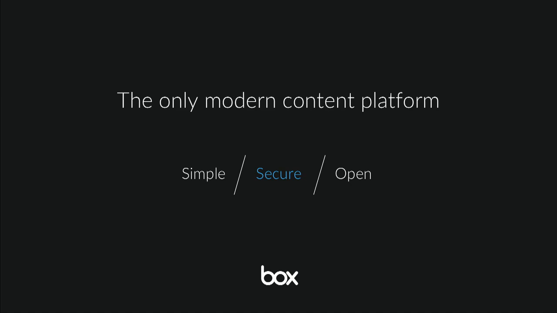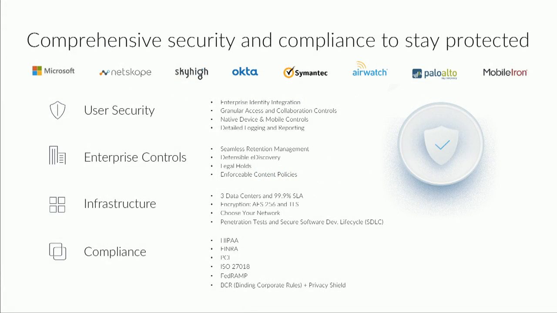Next, we'll focus on security. I'm going to focus really on compliance at the bottom of this in particular, where we have FINRA, PCI compliance, ISO compliance, FedRAMP, binding corporate rules, which really gets into data residency considerations in other jurisdictions outside the United States.